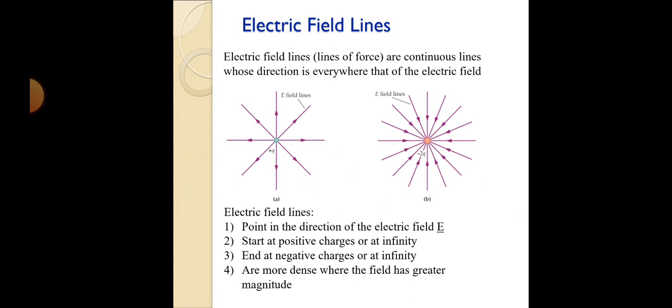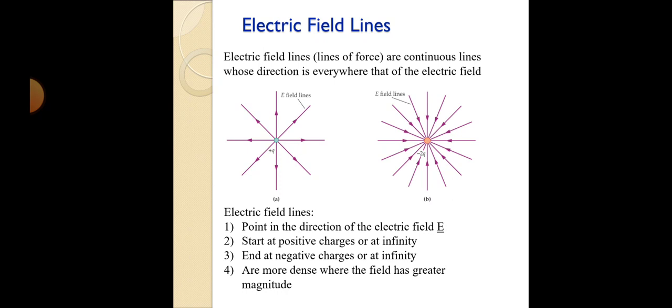And if the number of electric field lines is less, meaning rarer, then the electric field is less. If denser, then the field has a greater magnitude.